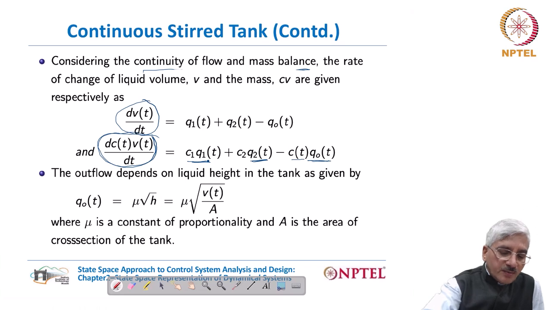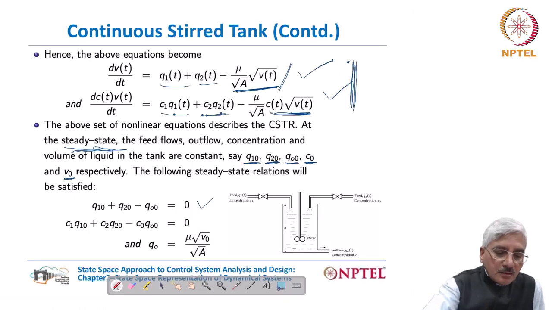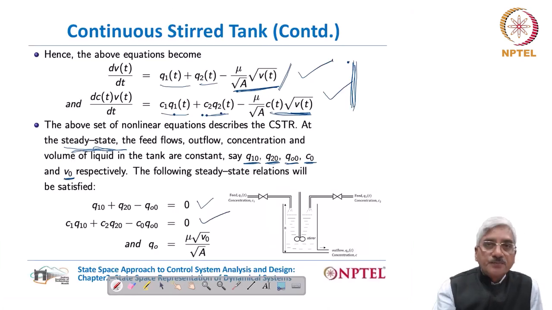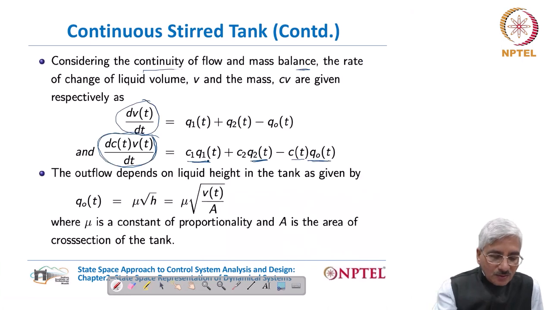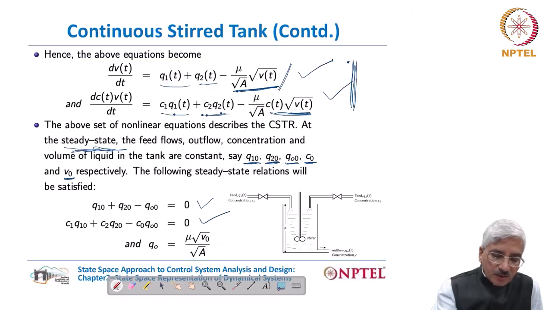So thereby we obtain this expression. And finally, because at steady state V is V0 and QO is QO 0, we will have QO 0 equal to mu root A times root V0, which is written here this way.